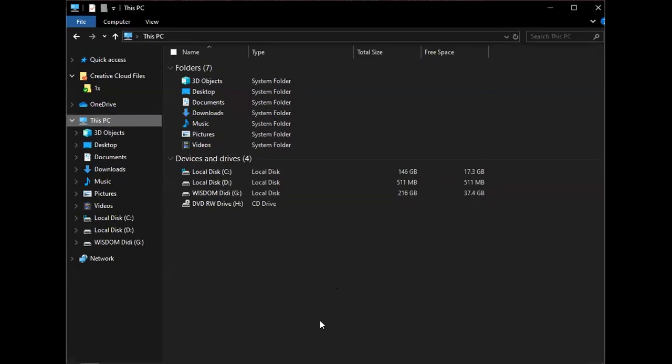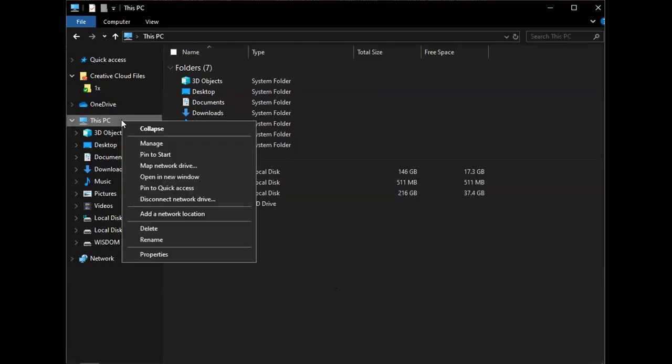Navigate there and right-click as I just did. Go to the last option and look for properties.